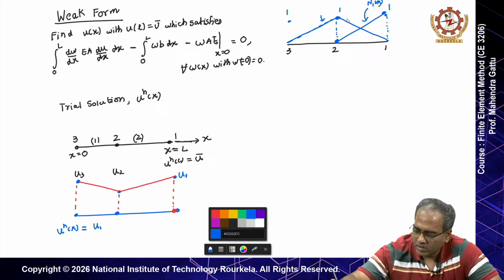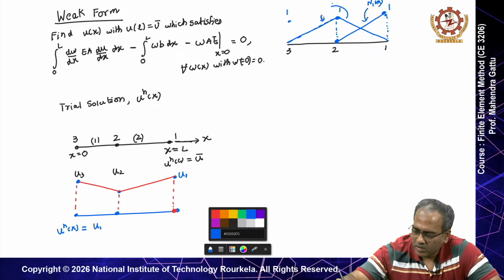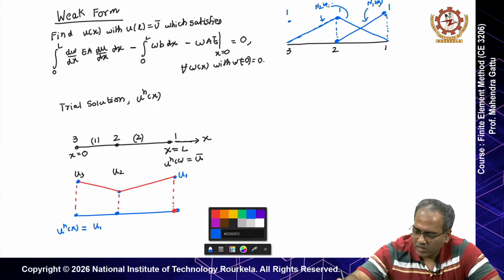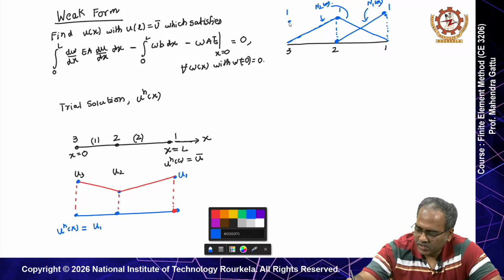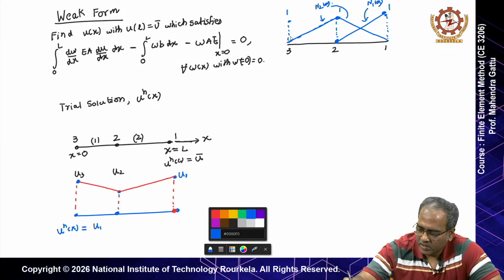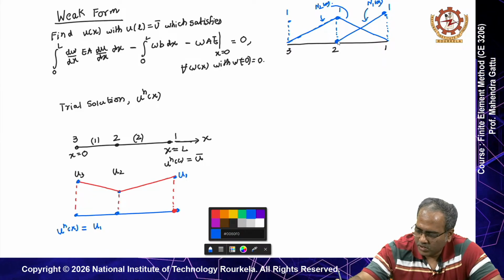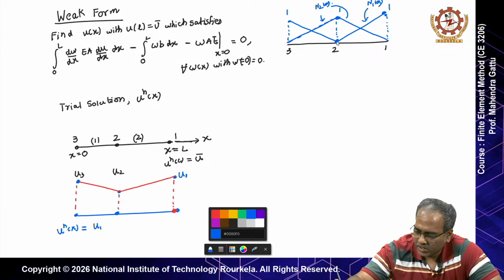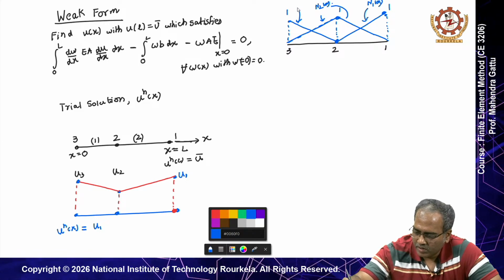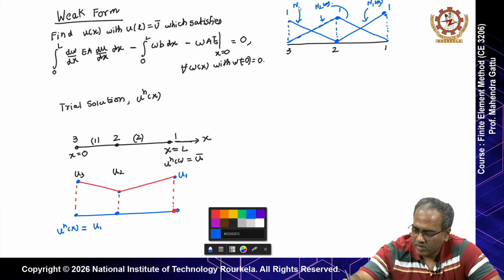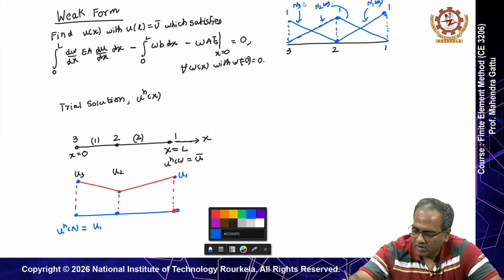So, this is N2 of x, and shape function 3 at node 3 is 1 and at node 2 it is 0, and in between it is connected by a linear. So, this is N3 of x.